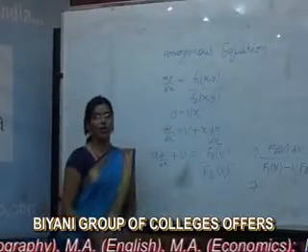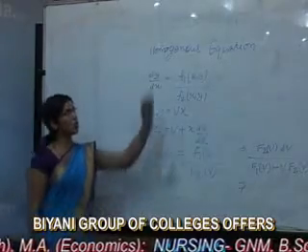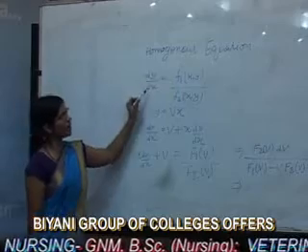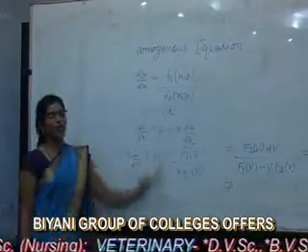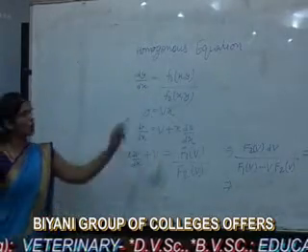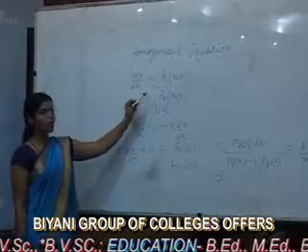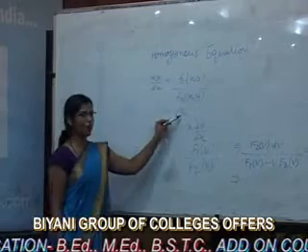Homogeneous equation. The equation M dx + N dy = 0 is said to be a homogeneous equation if it can be expressed as dy/dx = f1(x,y)/f2(x,y), where f1 and f2 are homogeneous functions of the same degree in x and y. For solving this type of equation, we first substitute y = vx.